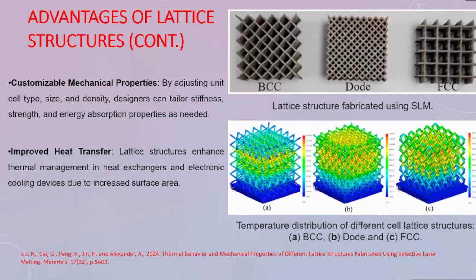The heat transfer capability will be more. Such a lattice structure, by default, has more surface area compared to a solid material, and it helps to provide better thermal management for heat exchanger applications and for electronic cooling due to increased surface area.